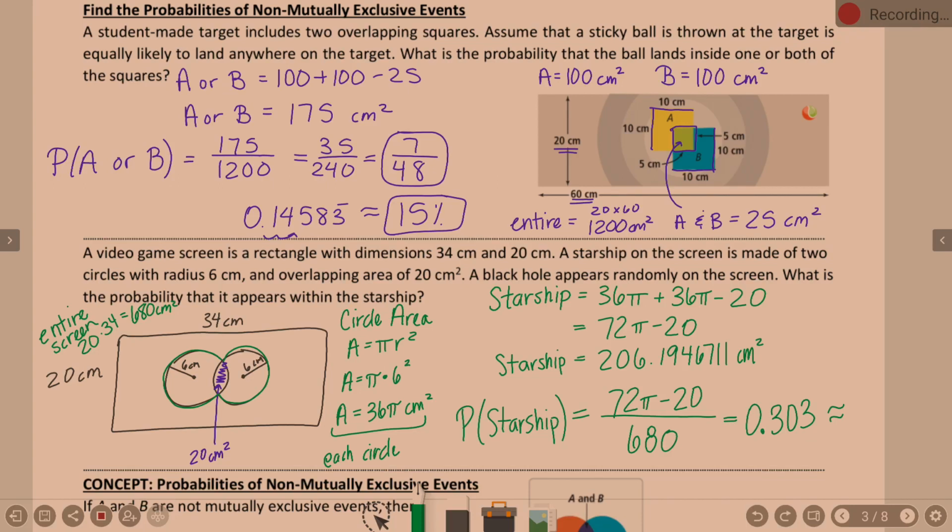I have this written as a percent rounded to the nearest whole number. 30%. So if we change this to a percent, 2 decimal places over, 30.3%, which is 30%. Okay, guys. I'm doing probability here, yes? I'm not doing anything fancy. I'm doing probability. It's just putting all the pieces together, okay?